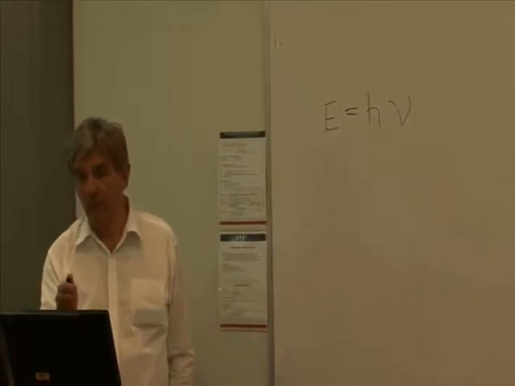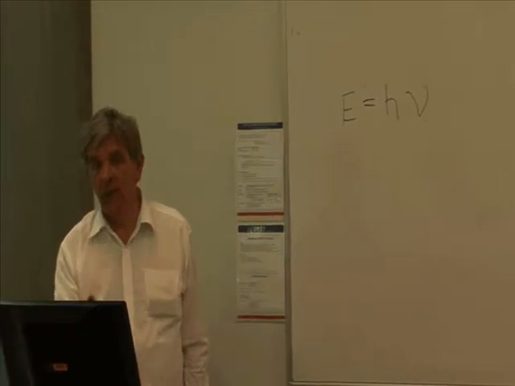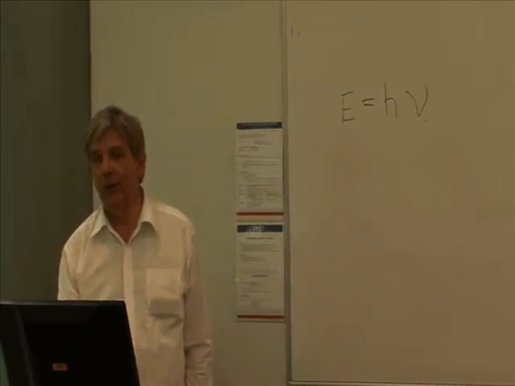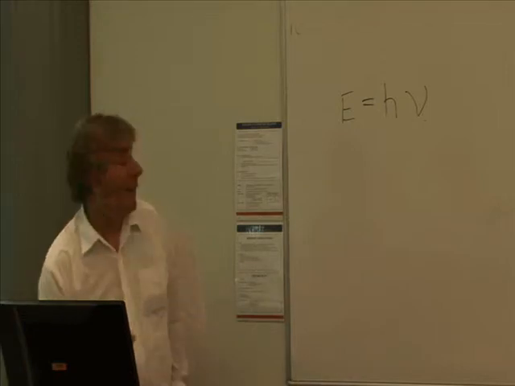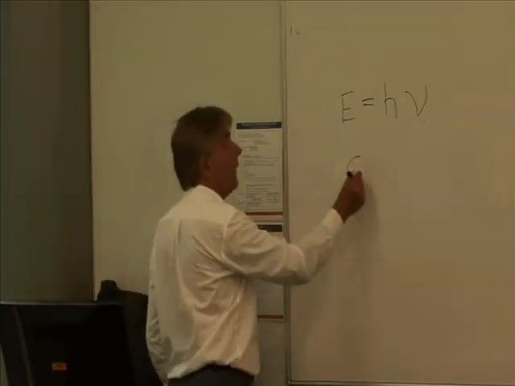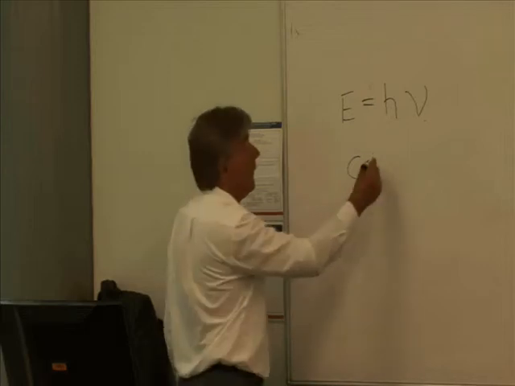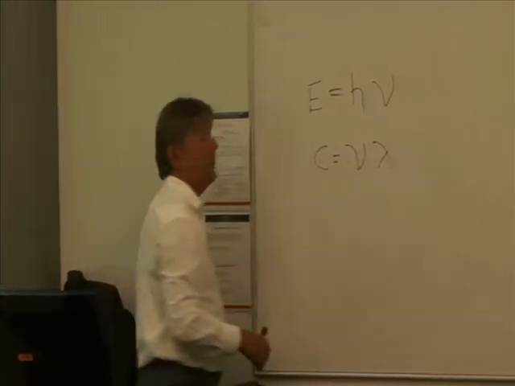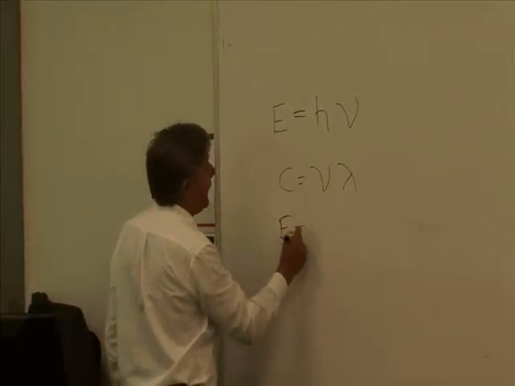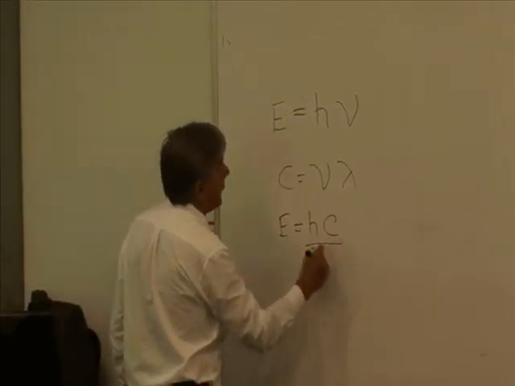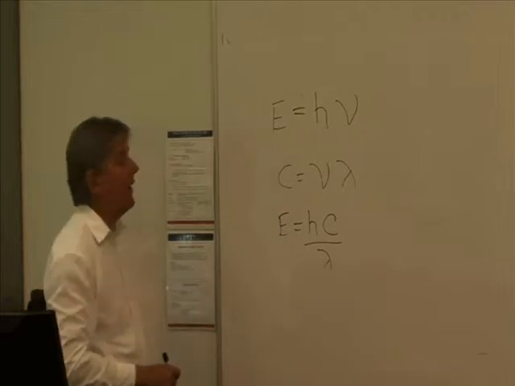Find the frequency from the formula: velocity equals frequency times wavelength, so velocity of light divided by wavelength. Velocity is frequency times wavelength, so we put that in there. So E equals h c over lambda.